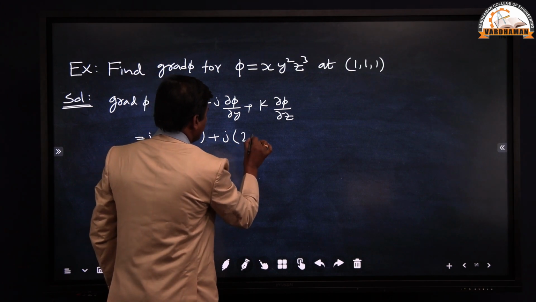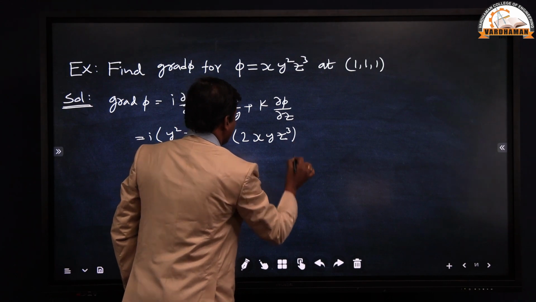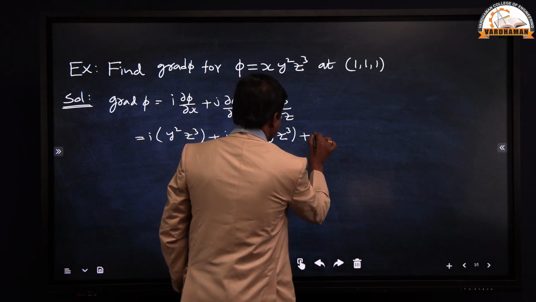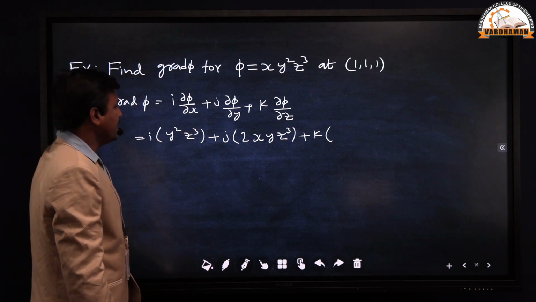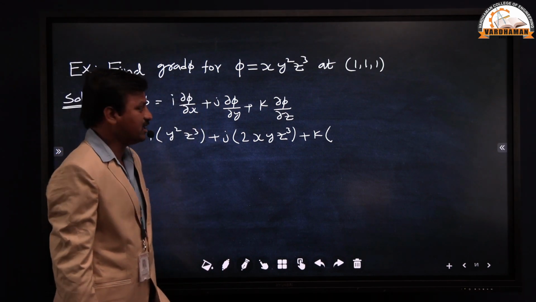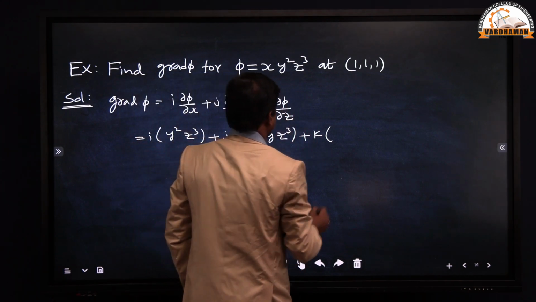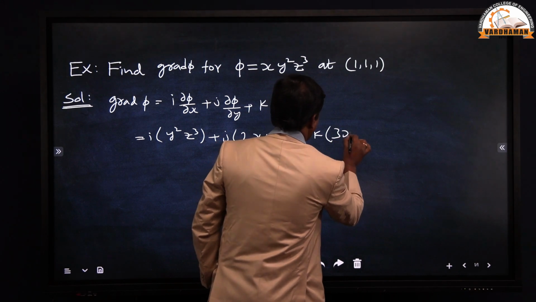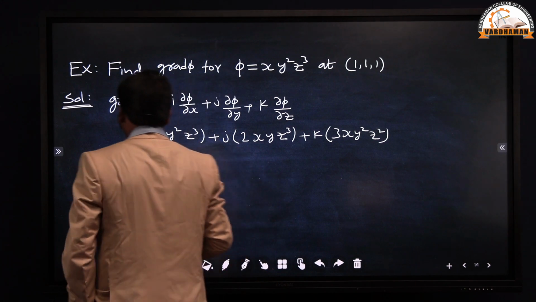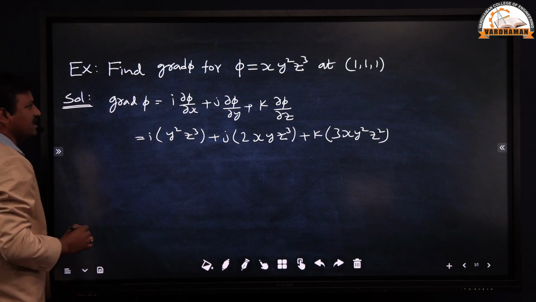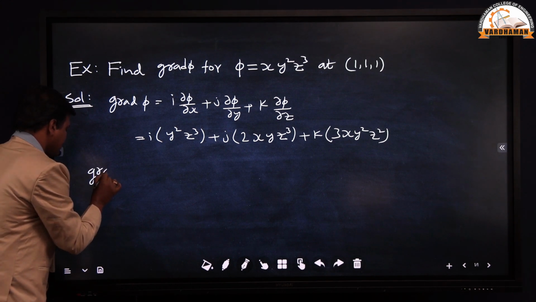So 2x y z cube, plus k into differentiate phi with respect to z partially. We get the derivative of z cube is 3z square, into x y square. So 3x y square z square. Now we have to find the gradient at the point 1, 1, 1.